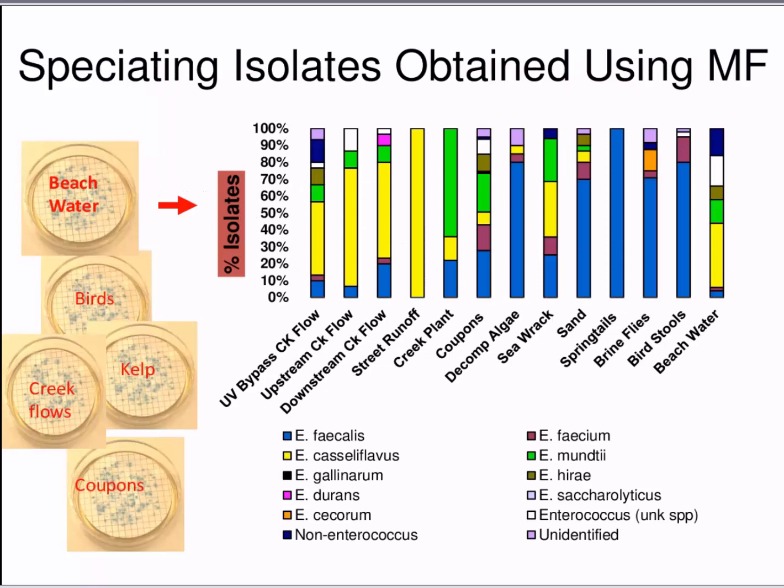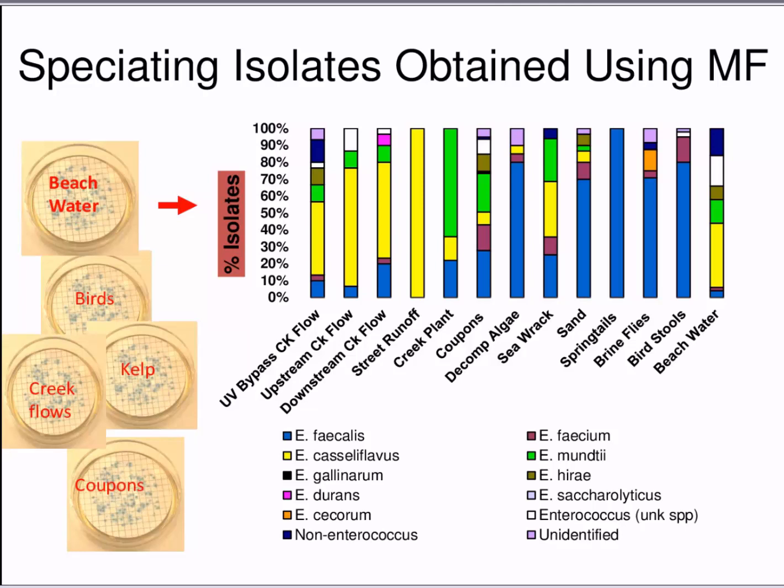Okay, so some of you have seen me present this slide before in other talks, and that's because my specialty is in speciating Enterococci. So what this figure shows are the plates of mEI agar on the left, and those little blue dots on the culture media are Enterococci isolates.